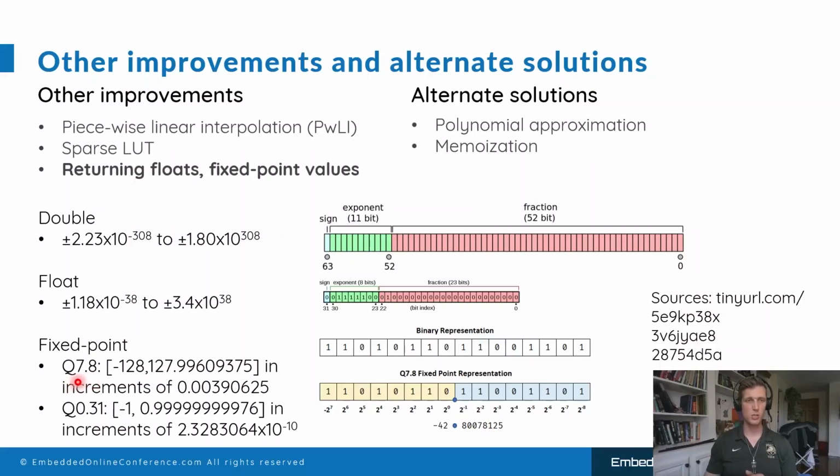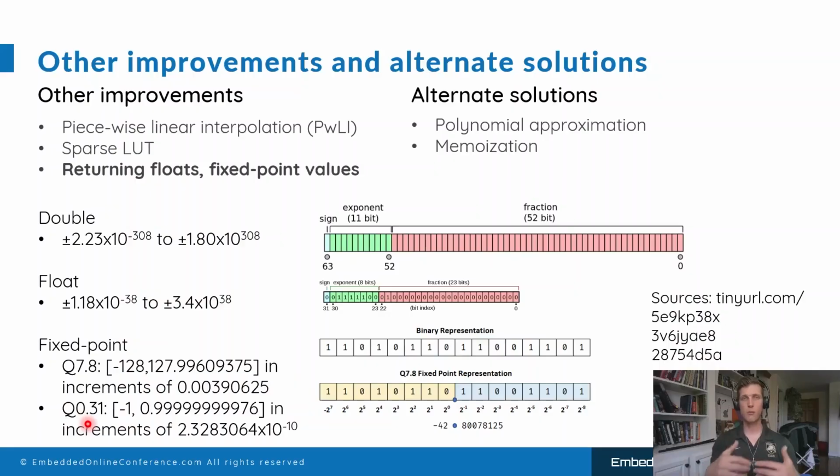So the notation typically is Q something dot something. Q7.8 means I'm taking a 16-bit number and reserving 7 bits for the integer portion, or really 8 because it's going to be in 2's complement, and 8 bits for the fractional portion of my number. And so this lets me represent a smaller range of numbers, but with greater precision.